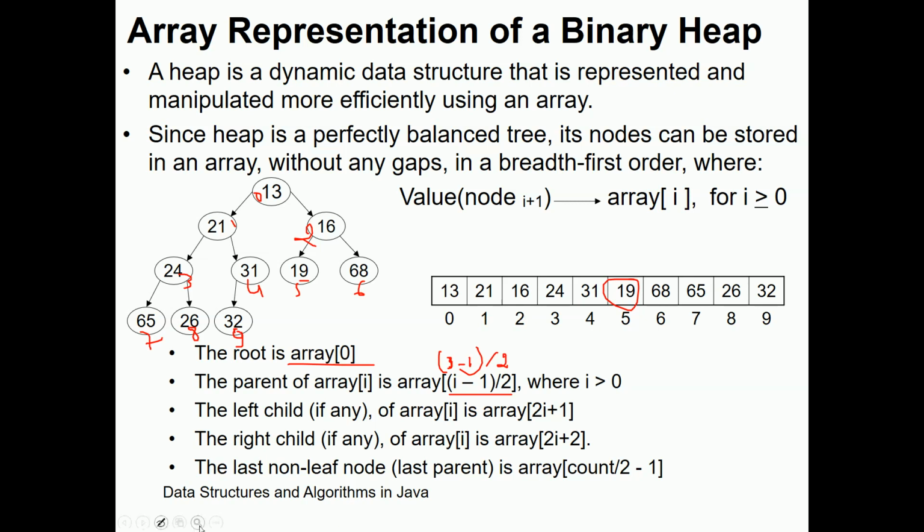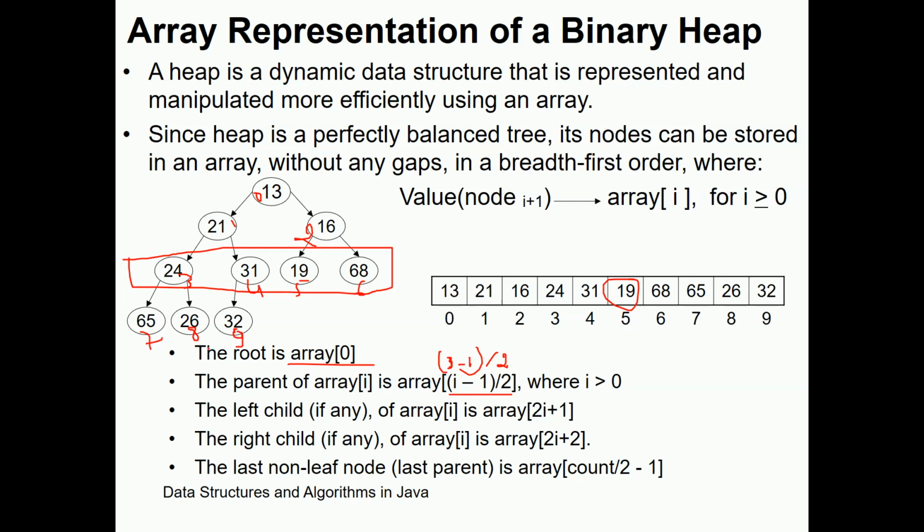So, the last non-leaf node in the array is going to be the count of what?